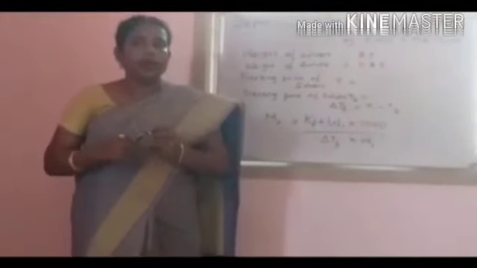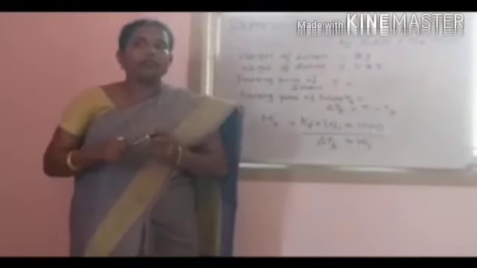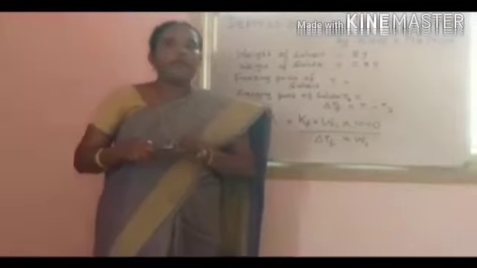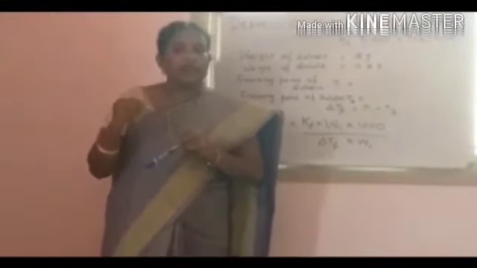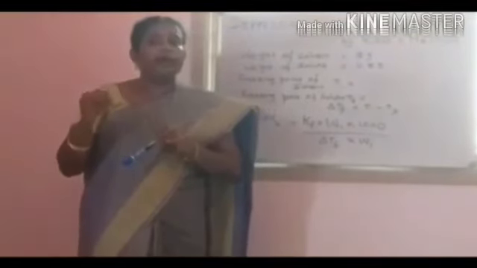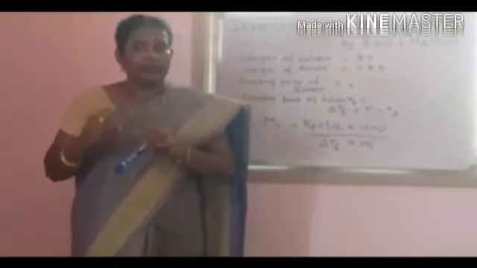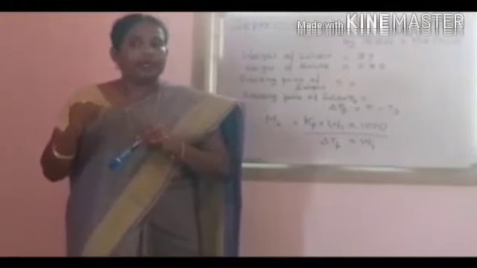To calculate the molecular weight of the unknown solute with this Kf value, we have to do one more test. Take 3 gram of solvent and 0.3 gram unknown solute in the inner tube, which is covered with the outer jacket.